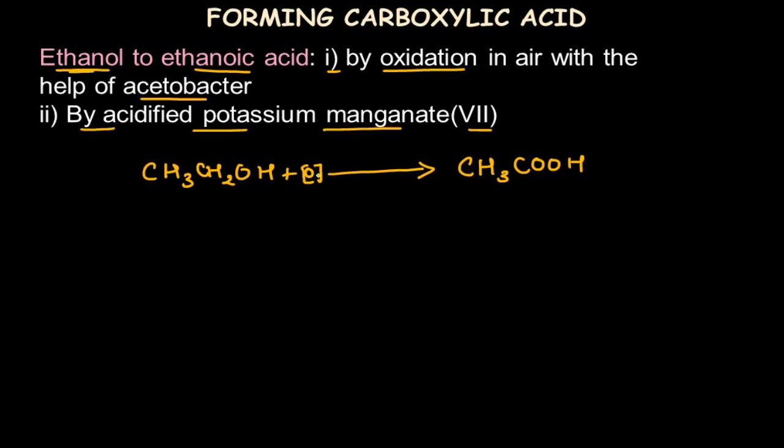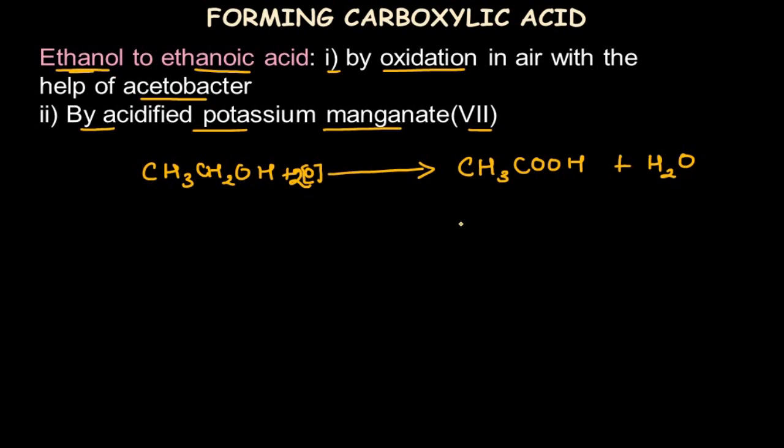So we write O in the bracket, and the byproduct is water. Now if you count, a total of 2 oxygen atoms are added, so we can balance it by adding 2 in front of oxygen, and this is the equation which shows the preparation of any acid from its alcohol.